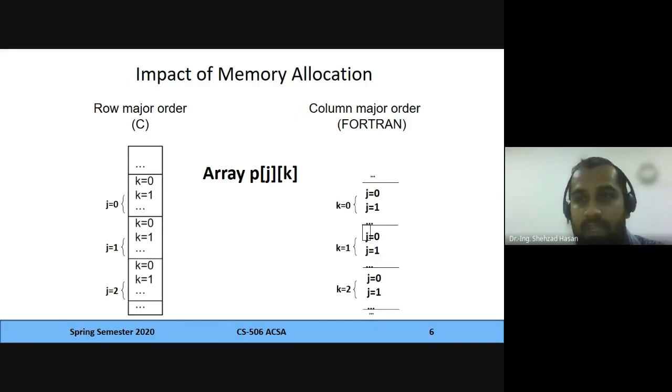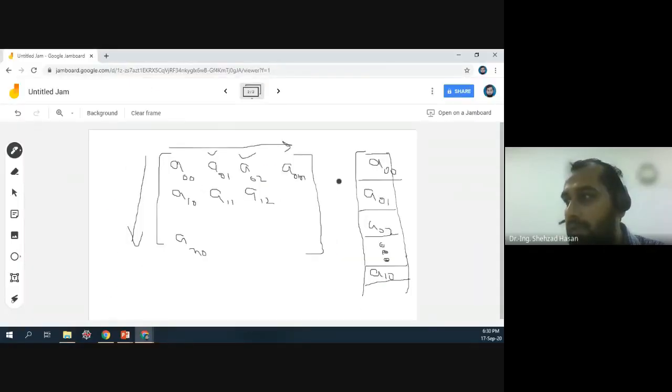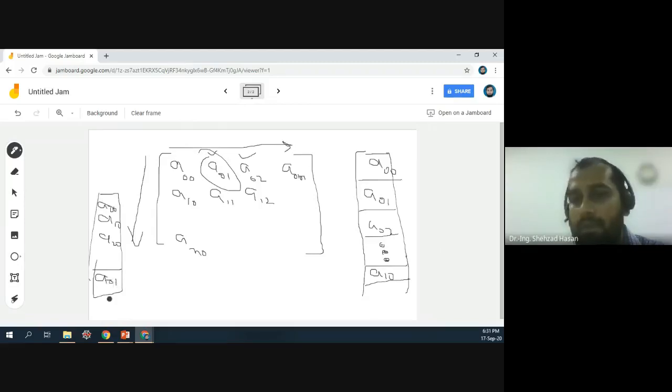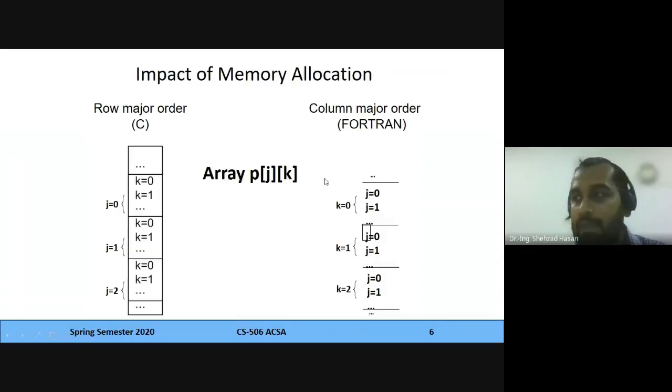So in our diagram here, this is going to be something like, I'm going to draw it over here. It's going to be something like A00, then A10, and then A20, and so on, right? And when the whole column finishes, then you're going to go to the next element A01, right? So this is simple. So we can have both these options with us, the row major order and the column major order, right?